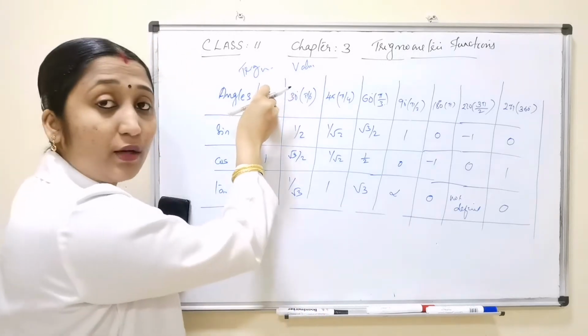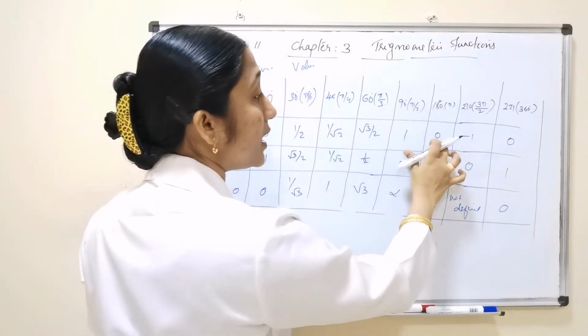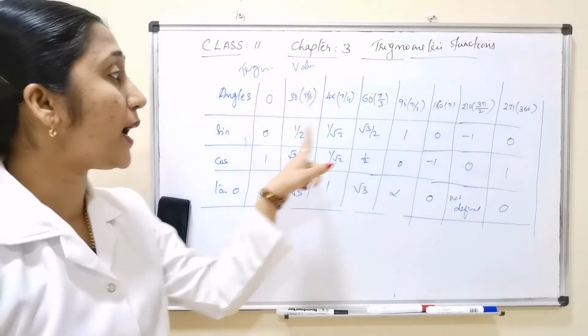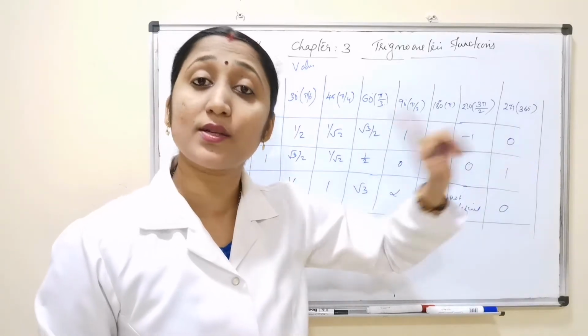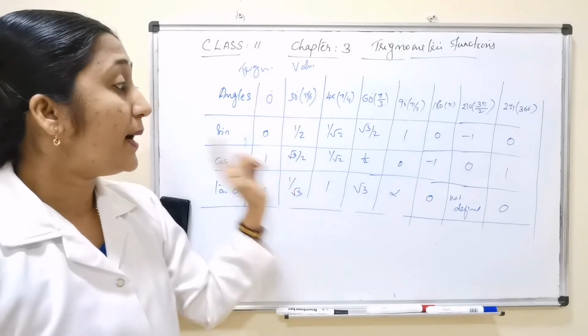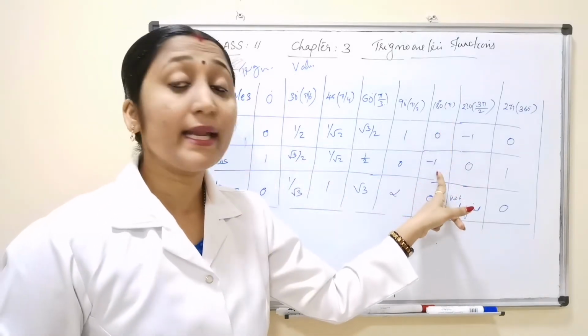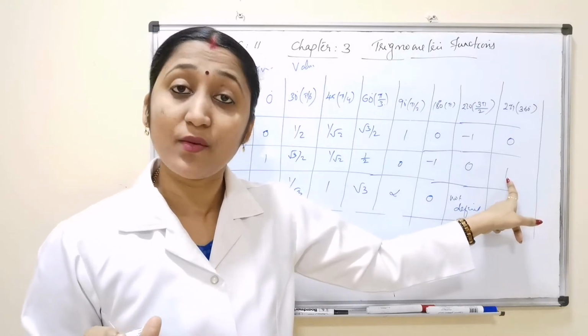First are the 0 values. Sin 0 means 0, and sin 180 is also 0, and sin 360 is also 0. Next, cos 0 is 1, but cos 180 is minus 1, and cos 360 is 1.